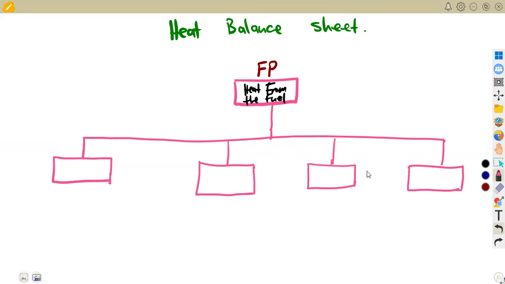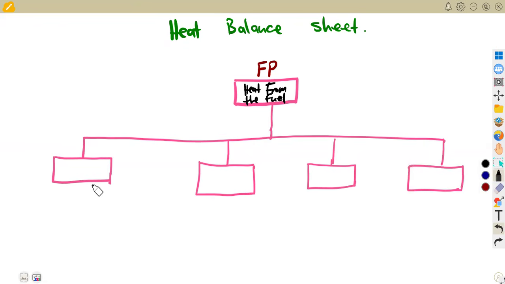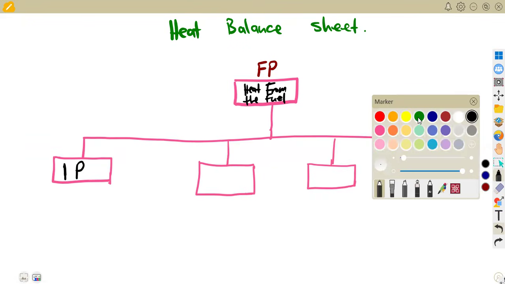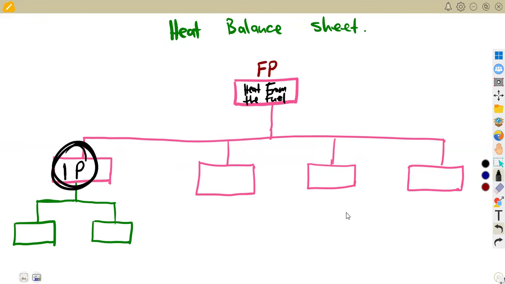So what I'm simply saying is that this is going to be separated into the indicated power, where the indicated power, remember, is the sum of two things: the brake power and what? The friction power. So there we have two things that we need to consider that build up this indicated power.